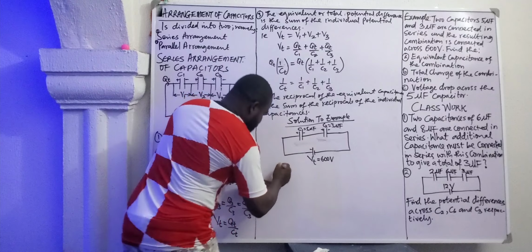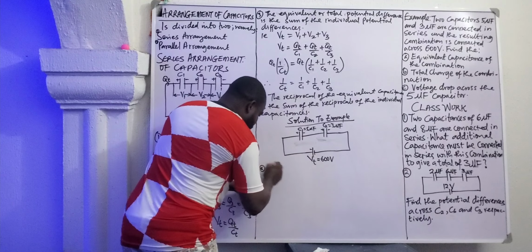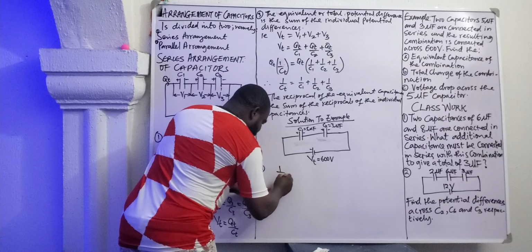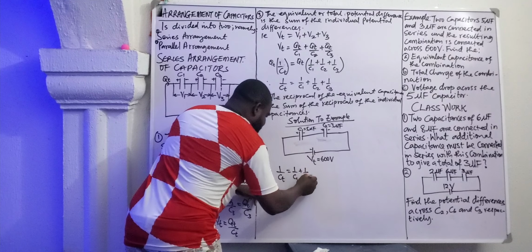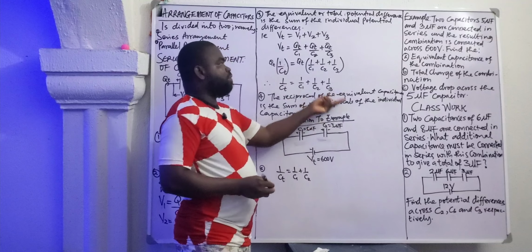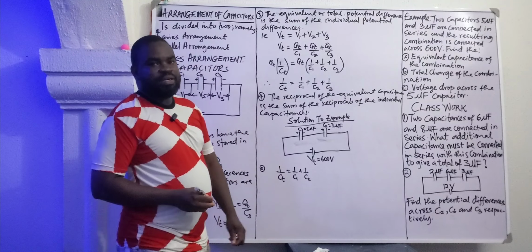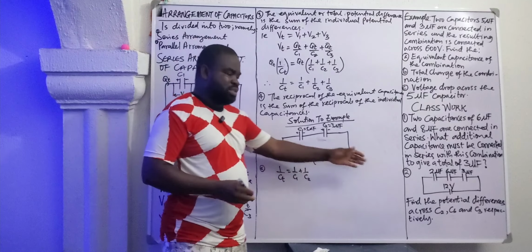For series connection, to get the combined capacitance, which is option A, I will say 1 over CT equals 1 over C1 plus 1 over C2. Why did I not say plus 1 over C3? We have only two capacitors here. As the number of capacitors given, you extend the formula.